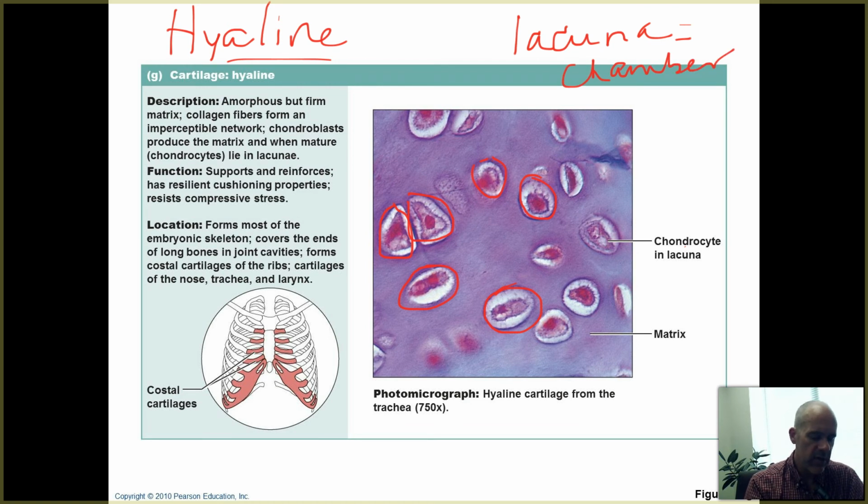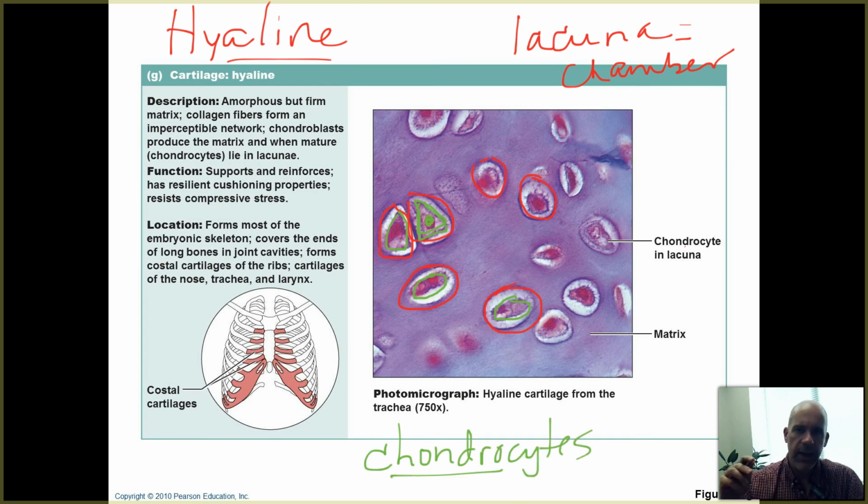And let me change my pen color here. Then you have cells inside those little chambers. You can really see that cell pretty well on the diagram. You can even see the nucleus on the inside. Those cells are called chondrocytes. Remember how we had the hypochondriac regions of the abdominopelvic cavity, and we said that those are underneath rib cartilages?